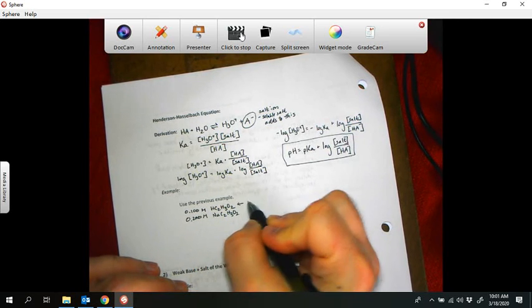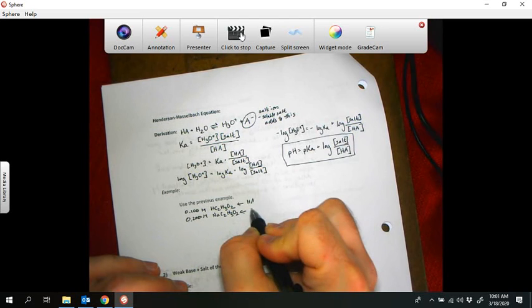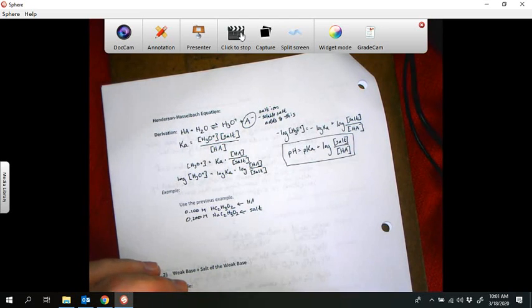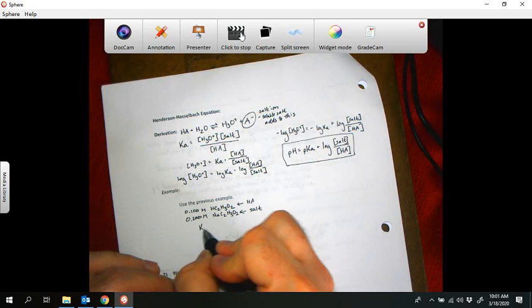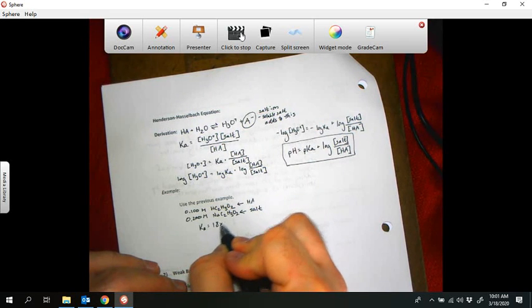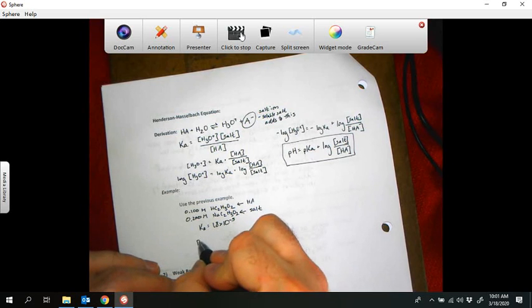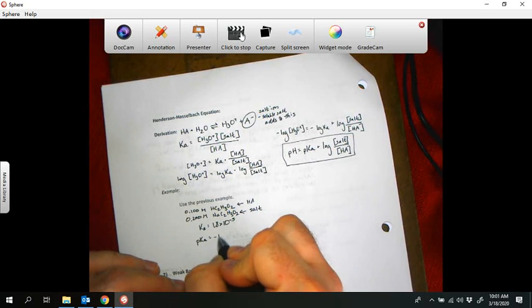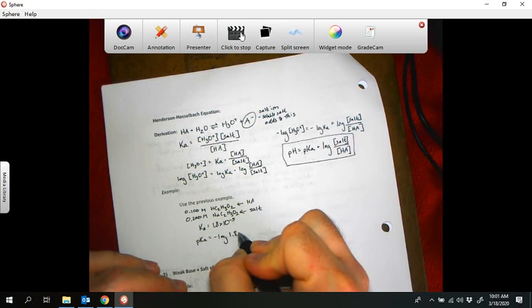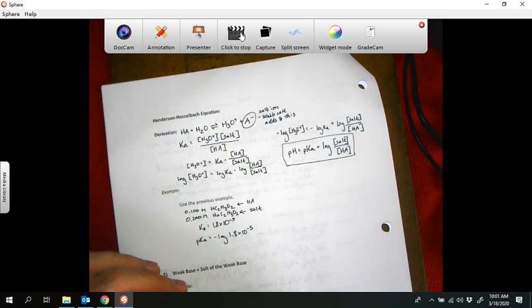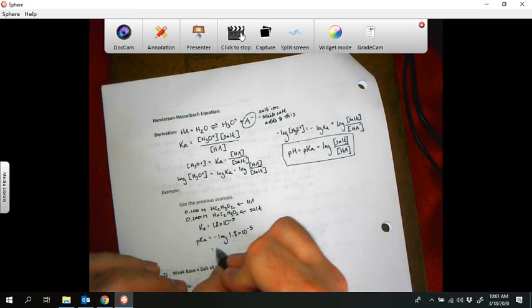So this is our HA and this is our salt. Our Ka value is 1.8 times 10 to the negative fifth. If we take the negative log of that number, we get pKa, which is 4.74.